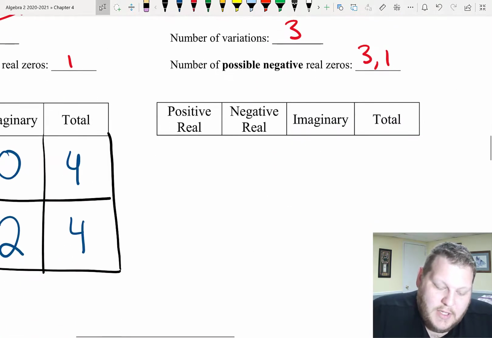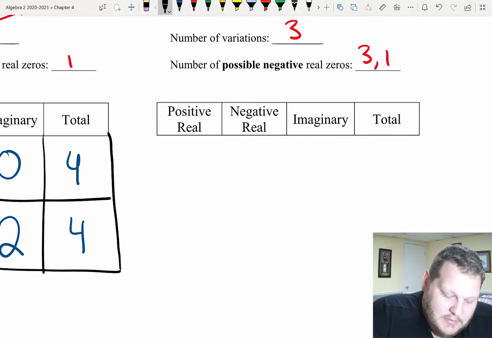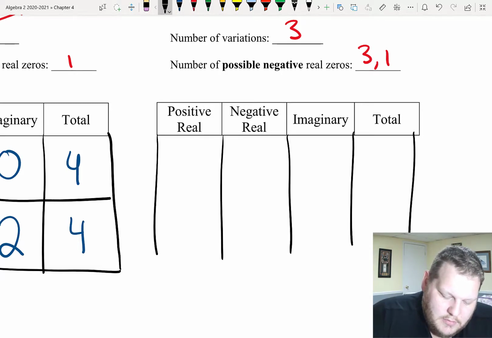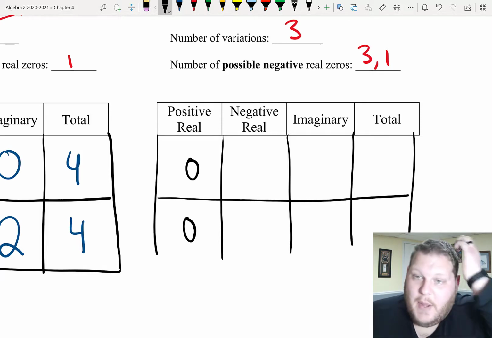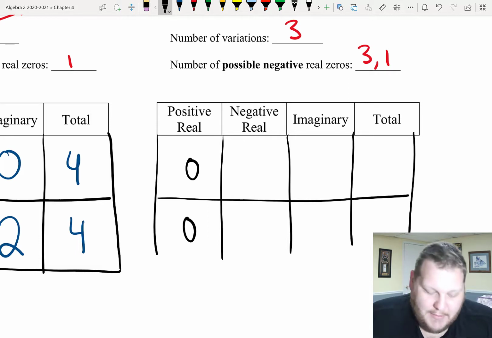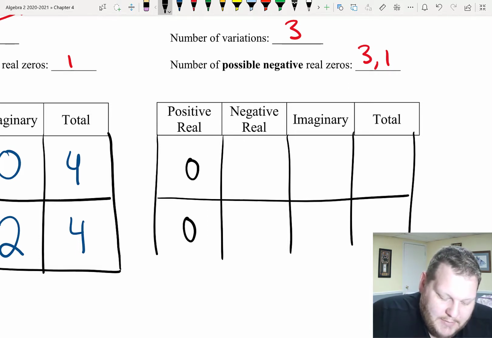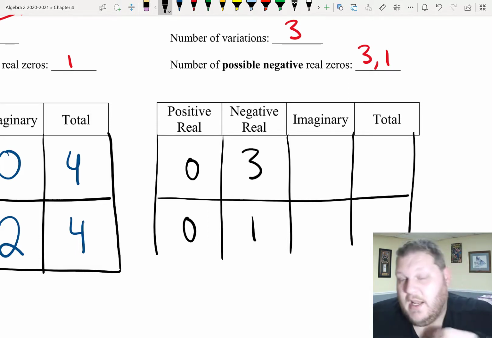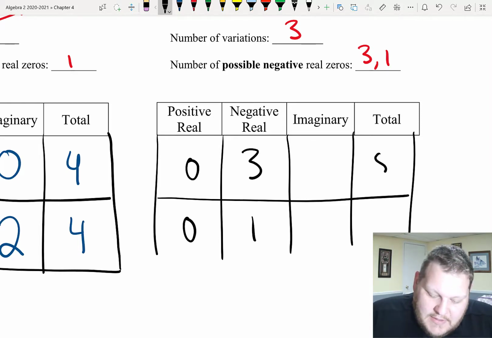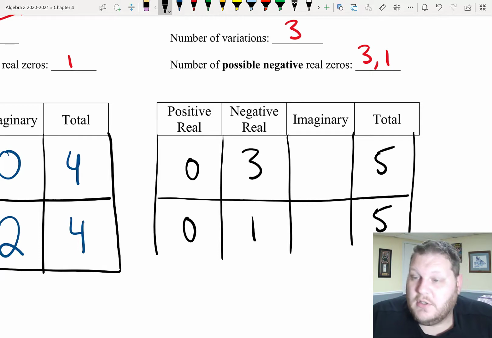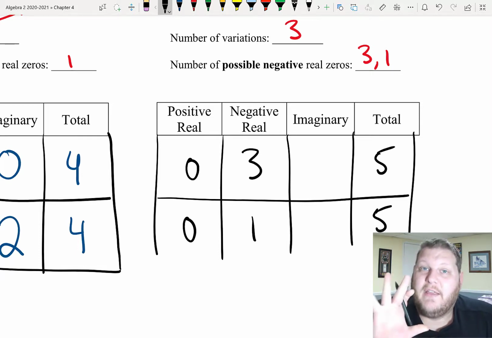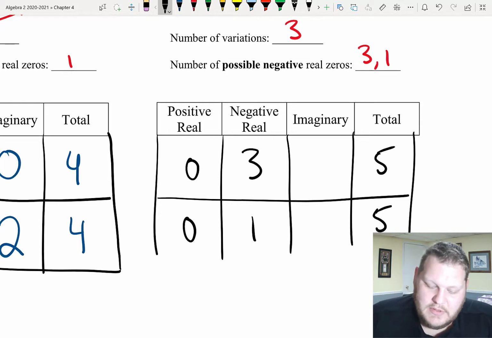So now looking at my possibilities, I'm just going to go ahead and extend my table. I know I'm not going to have any zeros for my positives. Not an option. But I have 2 different options for negative real numbers. I could have 3 of them, or I could have just 1. Since I know in this case that my original degree was 5, I should have 5 roots between multiplicity and imaginaries and real solutions.